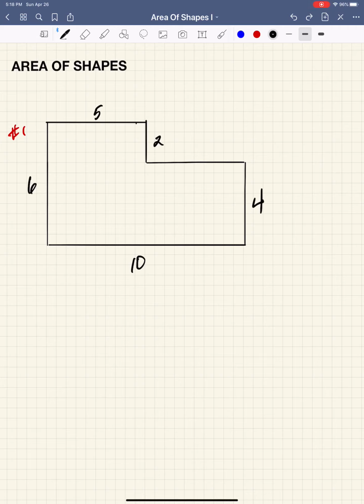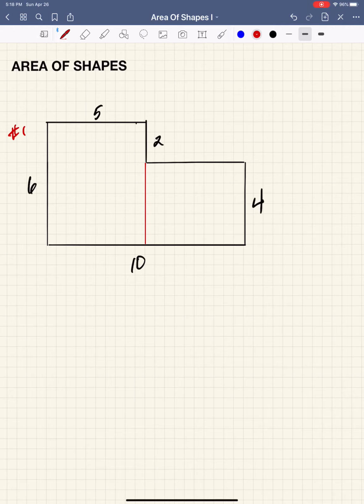And when we want to figure out the area of the entire shape, all you have to do is add whatever shapes you have inside together, and that would be the total shape. So when I look at this, if I draw a line right down here, all of a sudden, hey, I have two rectangles.